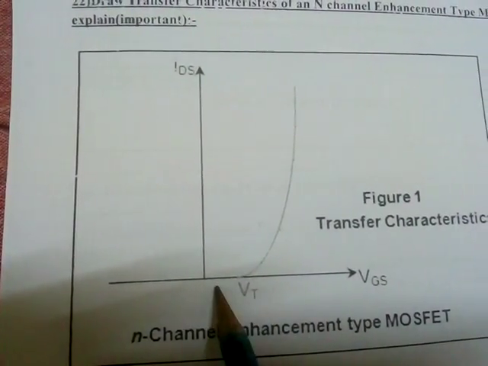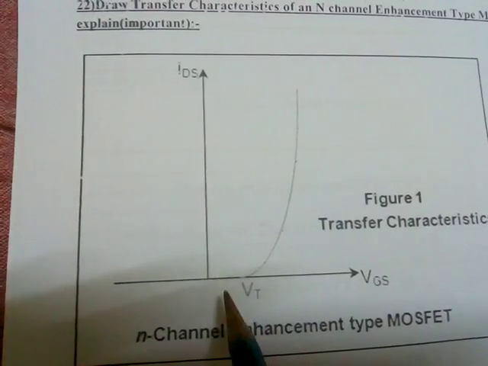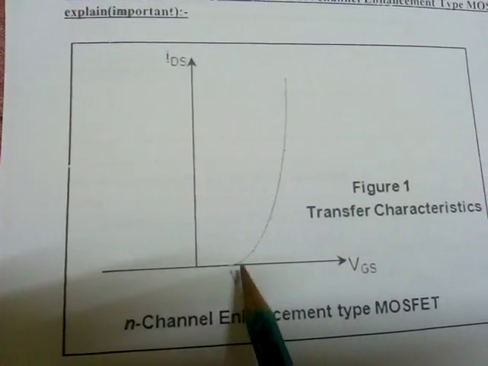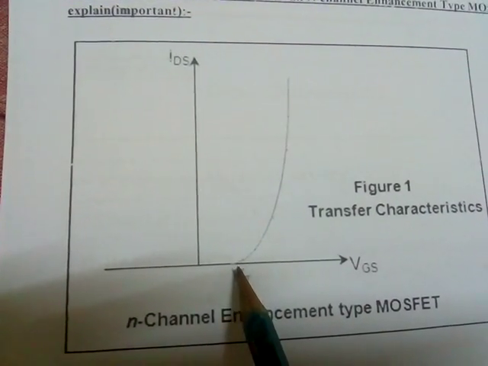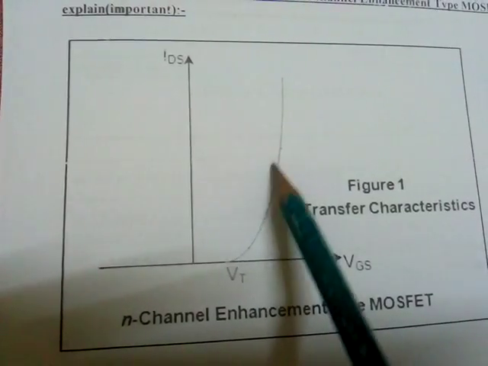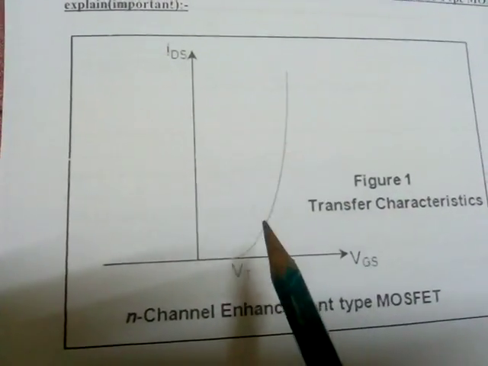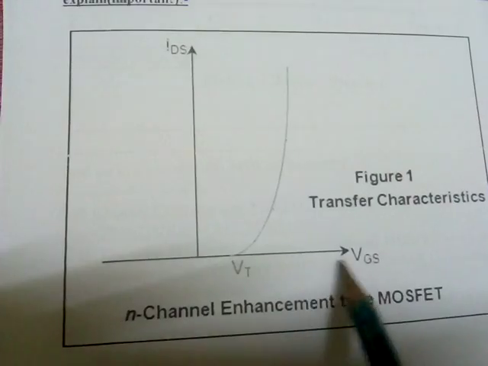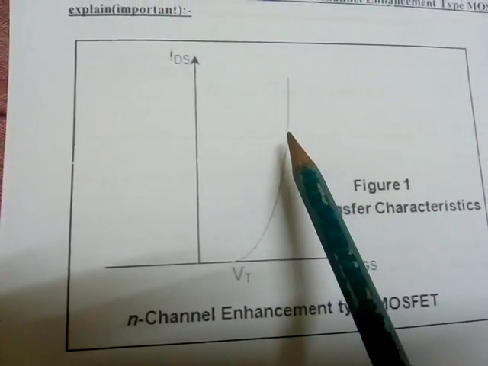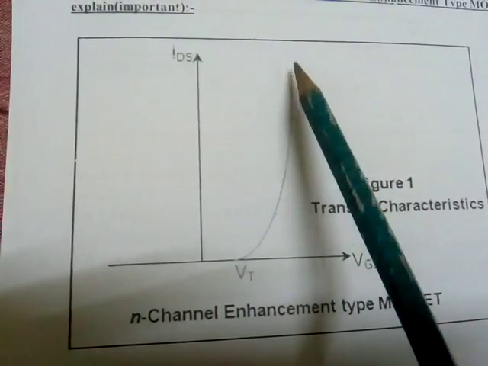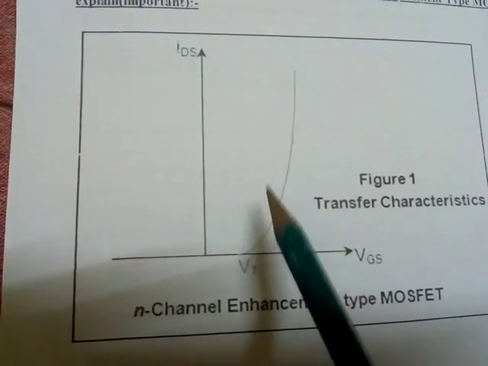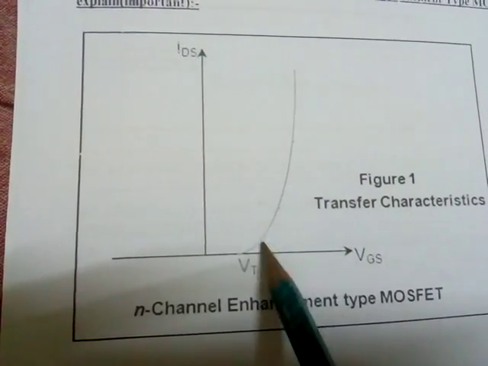There will be no gate current, no drain current till the gate voltage reaches the minimum value, the threshold value. After that, this is the linear region, then it is saturation. After that, any increment in the gate voltage will not have any effect on current. Current would become saturated. So this is the cutoff region, this is saturation, this is the linear region.